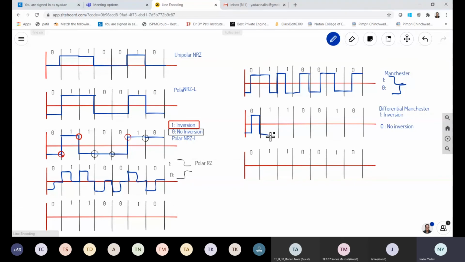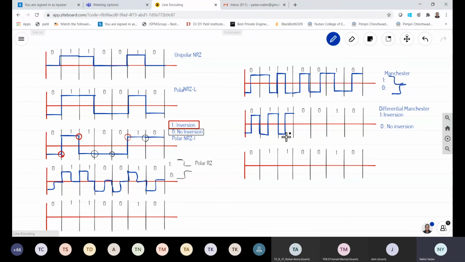Correct? Now again there is a 1. So what am I supposed to do for the 1? I will be inverting the signal. I will be going to the other side of the axis, correct? And then from here, I will start drawing my signal.